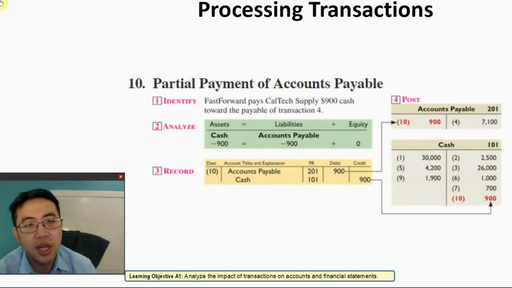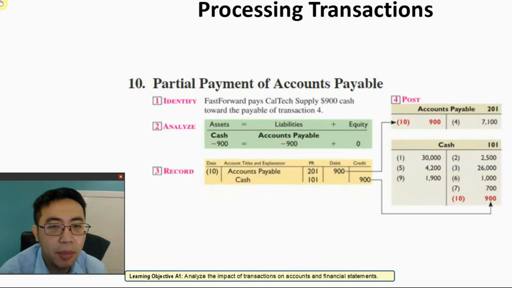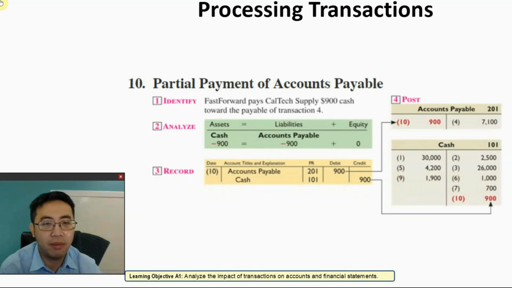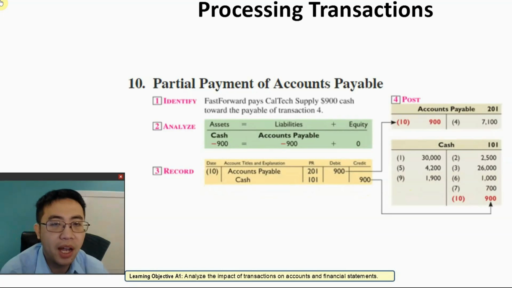So in transaction 10, there's a partial payment of accounts payable. So when you buy things and decide to pay your vendors later, right now you have accounts payable, that's a liability. And then sometime in the future, you finally decide you want to pay the bill, and you're going to pay $900 for part of the accounts payable.